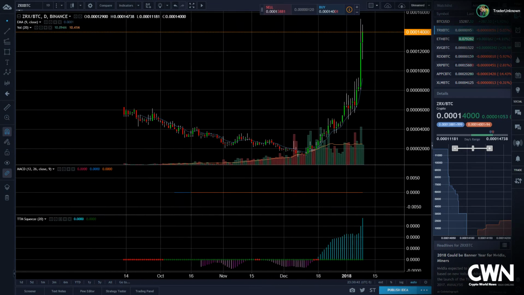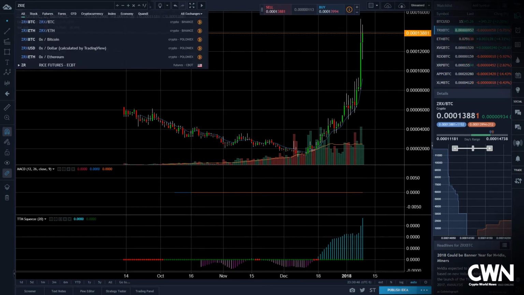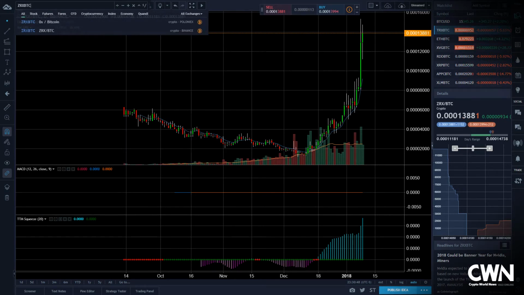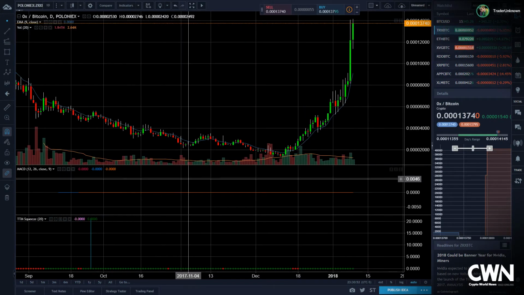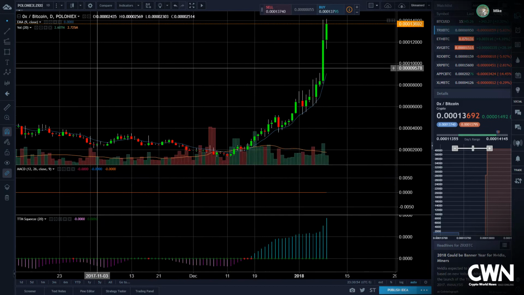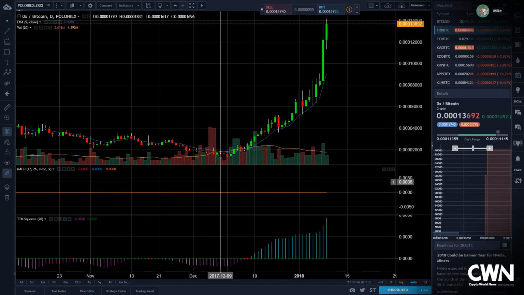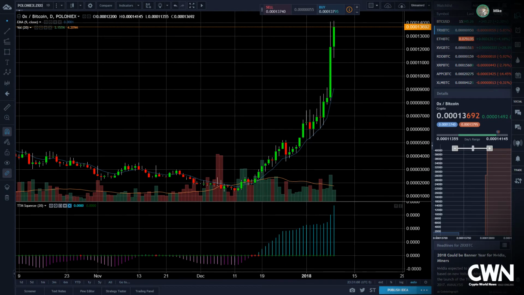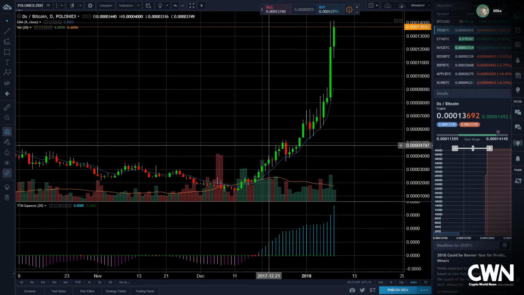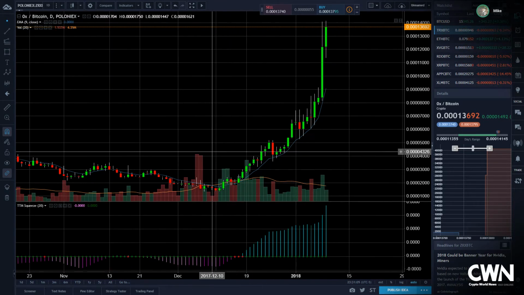Let's try the Poloniex data. Huh. You might be able to just X out the MACD to the right of where it says MACD and then add it back in. It might reset, or you can potentially just go to format and go to reset defaults on the MACD itself.